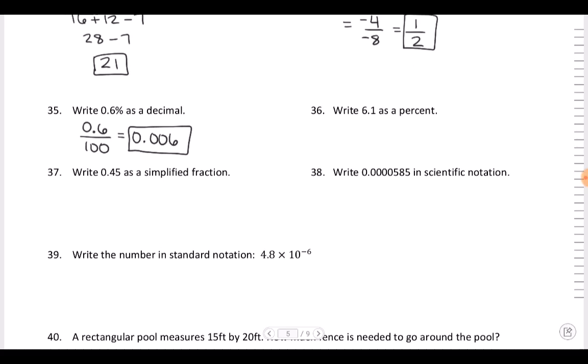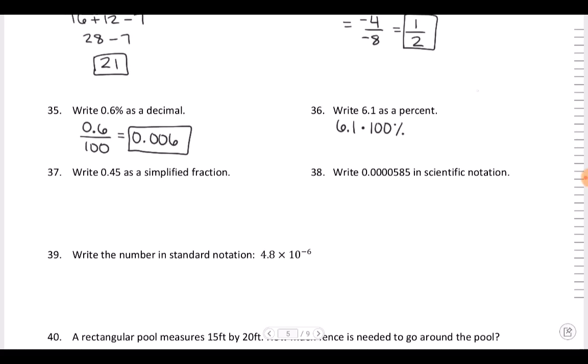Now write 6.1 as a percent. Okay, so 6.1 as a percent would be to multiply times 100%. And the reason that we multiply times 100% is because you're really just multiplying by 1, right?